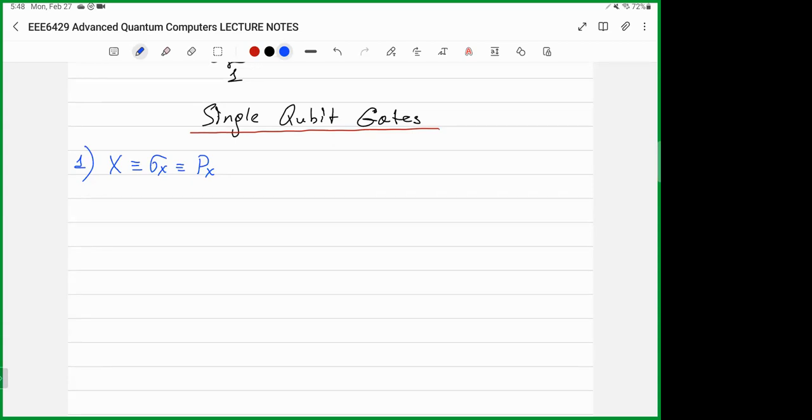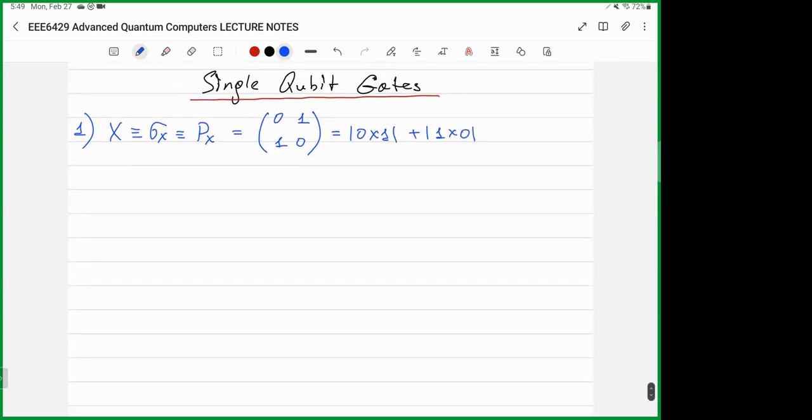So the X gate, which is sigma X, pX, is defined by the sigma X Pauli matrix, which is 0, 1, 1, 0. And in the outer product representation, it is the element |0><1| plus the element |1><0|. So this is the X gate.